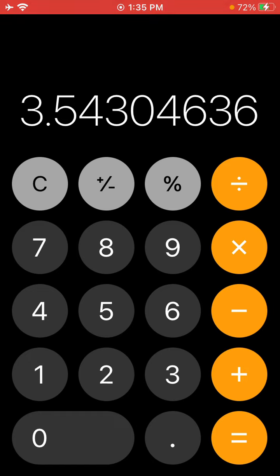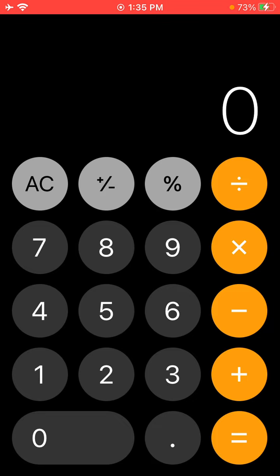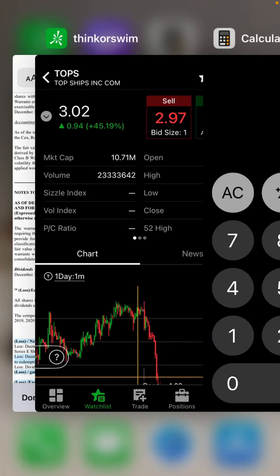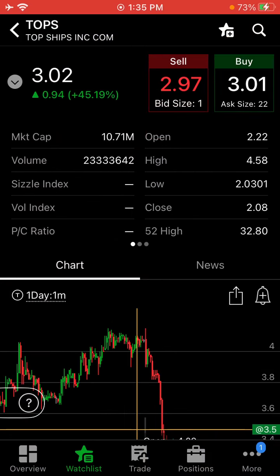So I know that the float is 3.5 or lower, 3.5 million shares or lower. And so I'll know at least that it's for sure a low float stock now. And then if we wanted to see, I think now that's enough in this video.